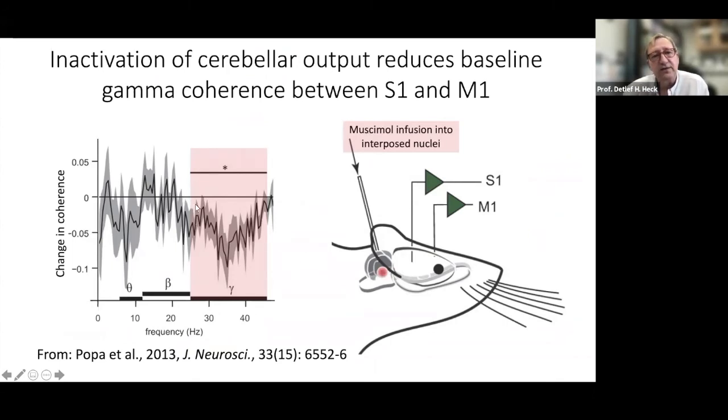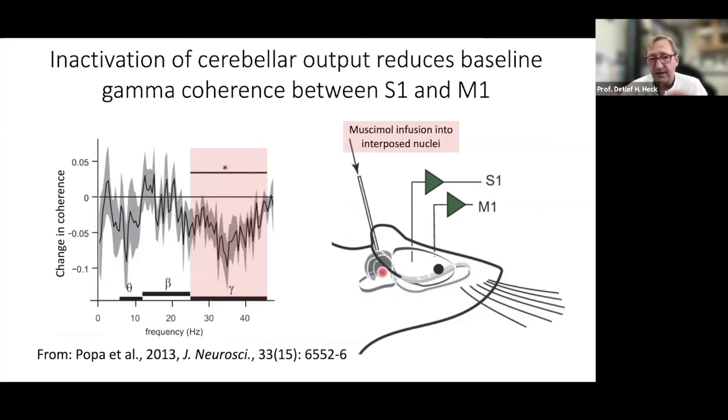What they found was a dramatic drop in gamma coherence between M1 and S1 after inactivation of the interpositus nuclei. So a clear indication that cerebellar output is required to maintain normal coherence between these two structures, and translate that to functional connectivity, to communication.